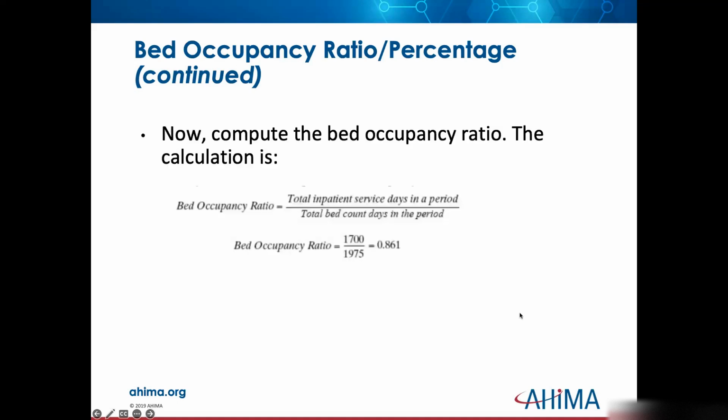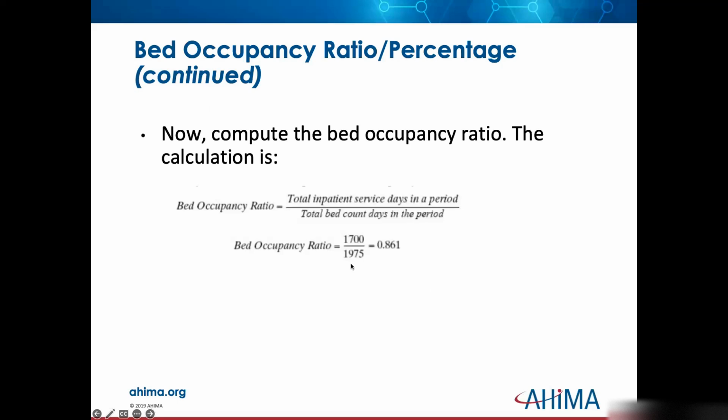Now we compute the bed occupancy ratio. The calculation is total inpatient service days in a period divided by total bed count days in a period. So these are two parts. Okay, we had to find the bed count. Now we're finding the occupancy rate. Bed count for May, 1,975, right?